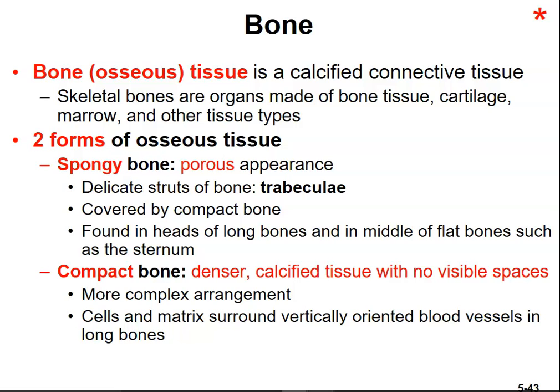Our long bones like the humerus and femurs are made of compact bone. The compact bone is always on the outside of the spongy bone. Even for our skull, we have two pieces of compact bone, and the middle one is spongy bone. So the compact bone is protecting the spongy bone.